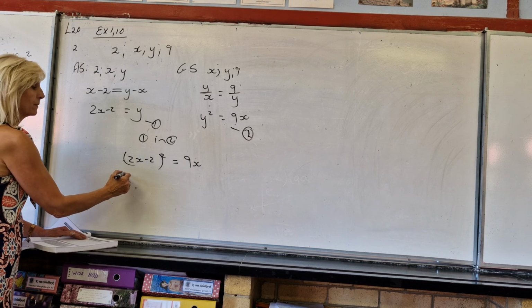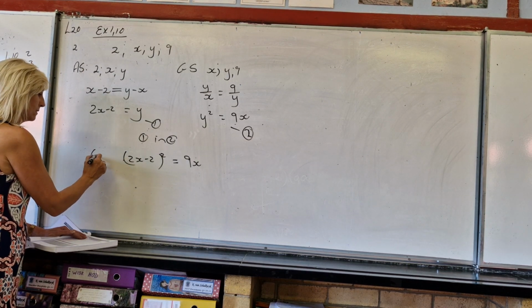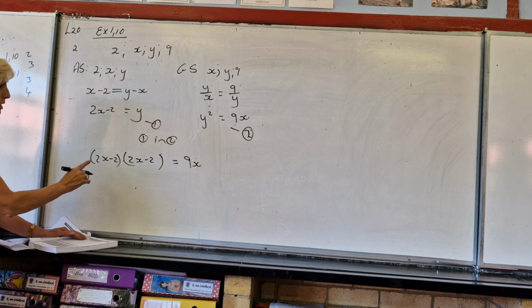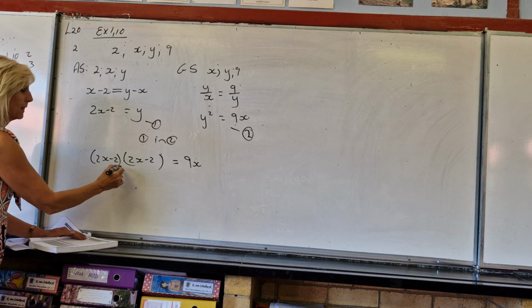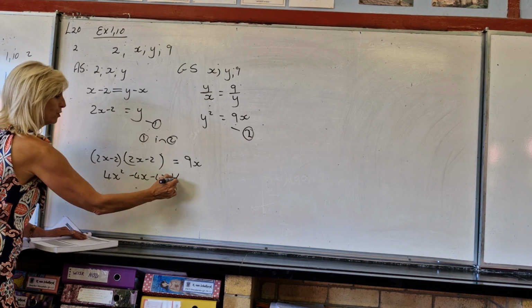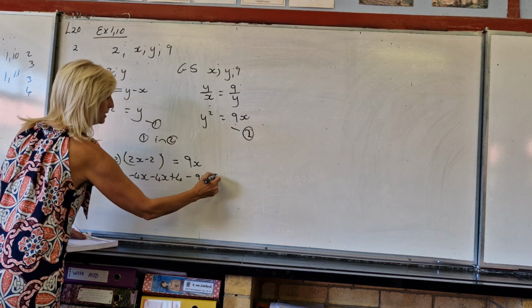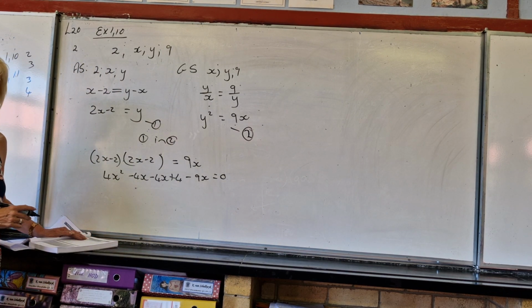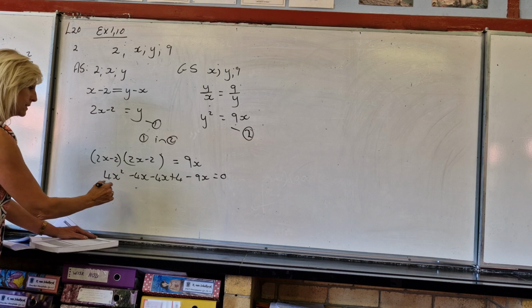So rather write it out so that you don't make mistakes. To get 4x squared minus 4x minus 4x plus 4, and since I know this is going to be a quadratic equation, I'm already going to go for equal to 0. It is quadratic, do you agree?